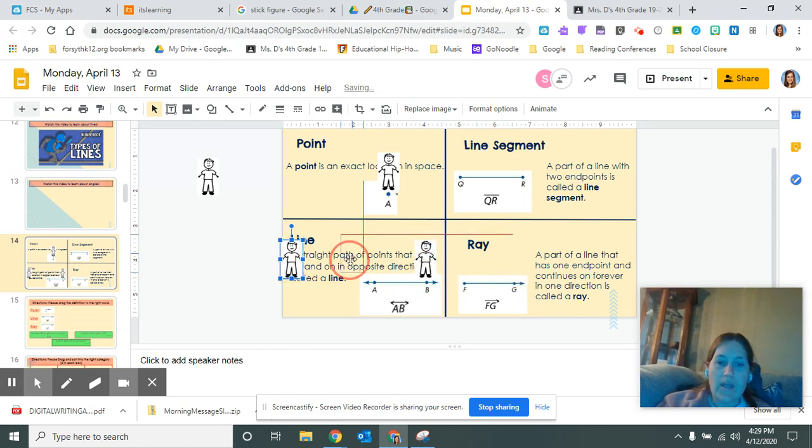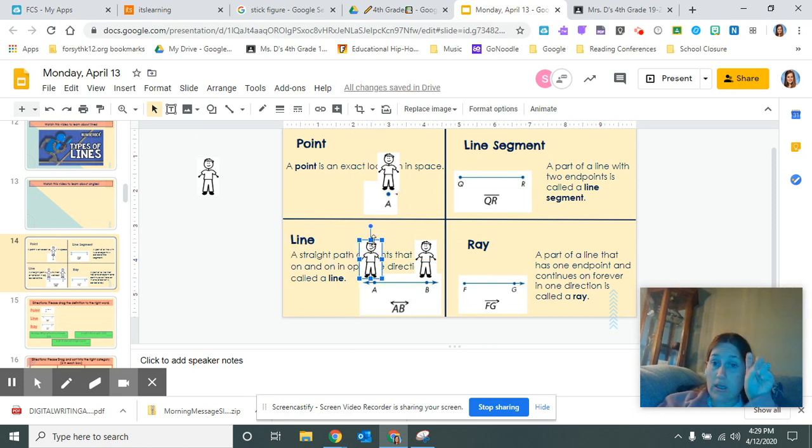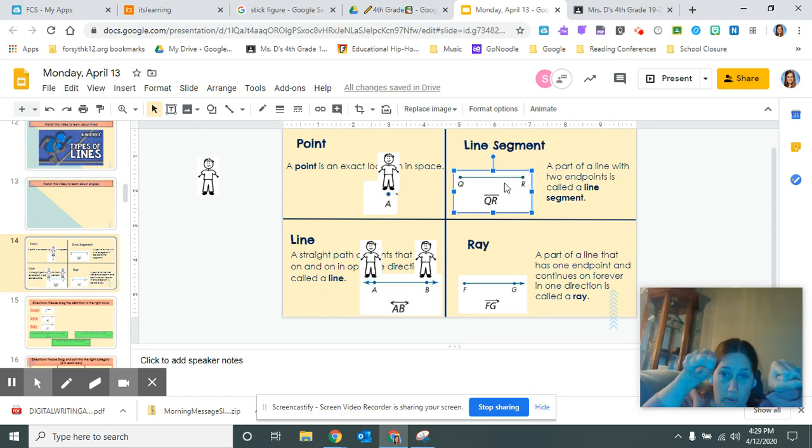Okay? So now, let's review. A point is like a stop sign. Boop, just a point, a dot, a stop sign. Okay, kind of like a period in a sentence. Then we go on to a line segment. You have 2 points, which means you have 2 stop signs. You have to stop. You have to. There's no arrows that tell you to keep on going.